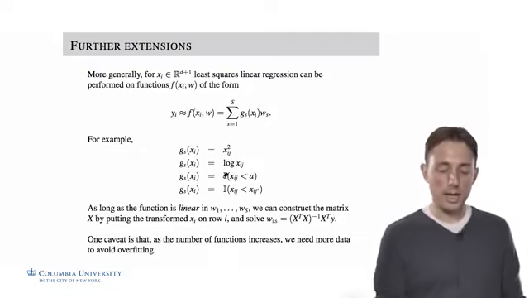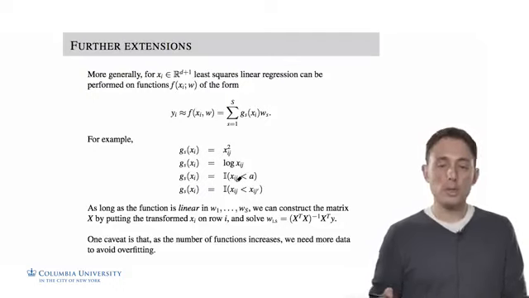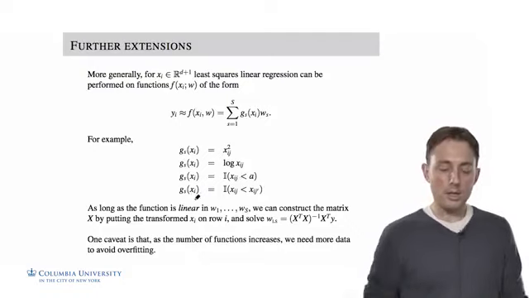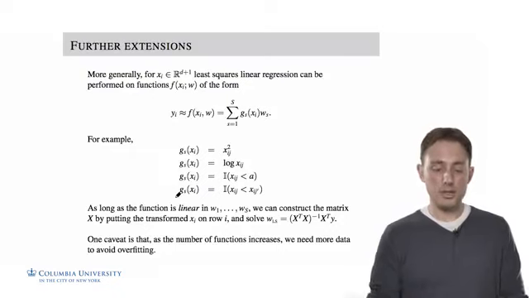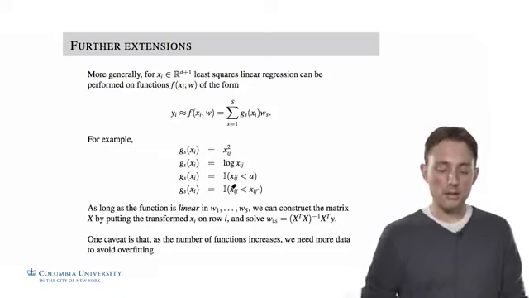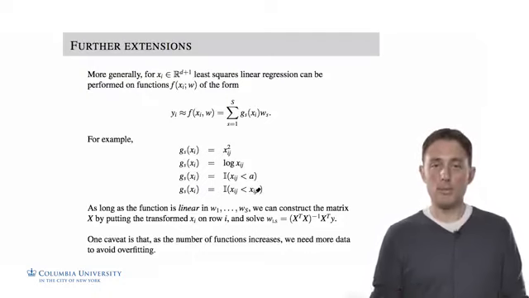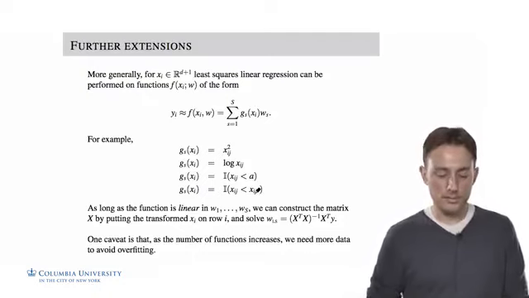We can have an indicator that is equal to 1 if the jth dimension is less than some number a, or equal to 0 if it's greater than or equal to a. Or we could even compare dimensions of our inputs and define the sth function to be an indicator of the jth dimension being less than the j prime dimension.